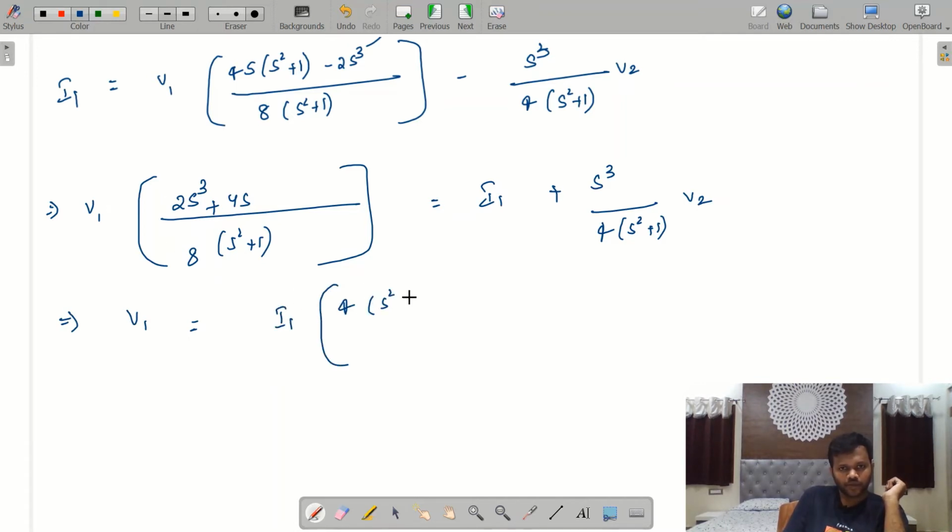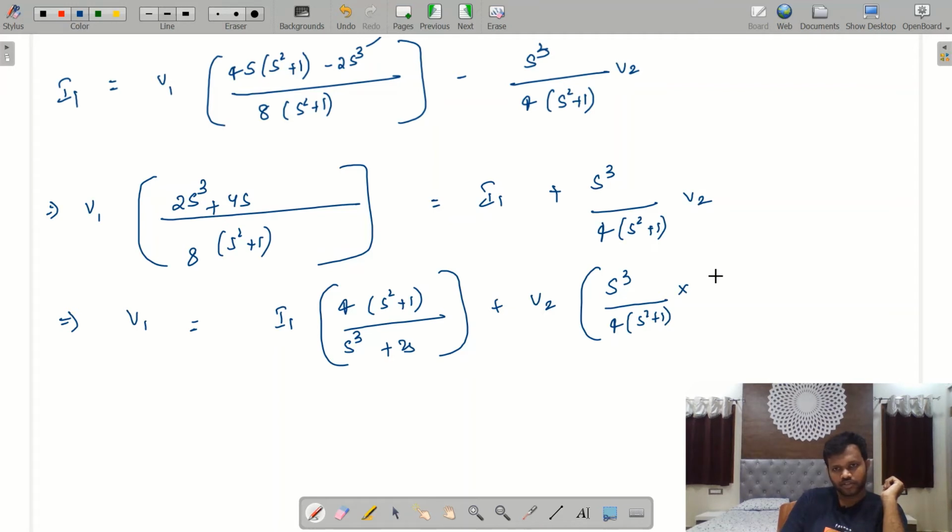Okay, so which will be equal to V1 equal to I1 into 4 S square plus 1 divided by S cube plus 2S, plus V2 into S cube by 4 into S square plus 1 into the same 4 into S square plus 1 divided by S cube plus 2S.